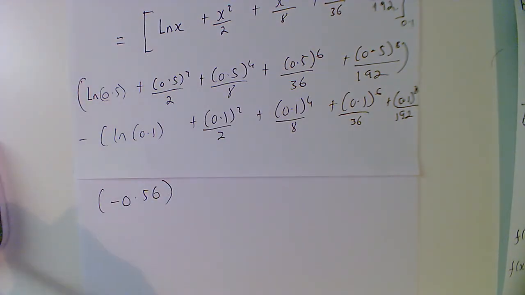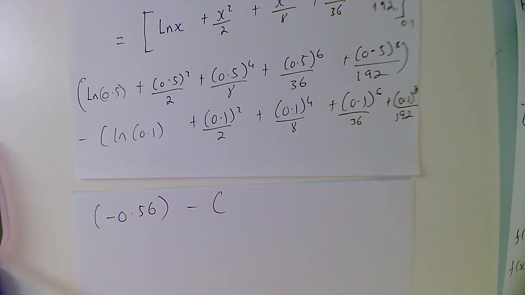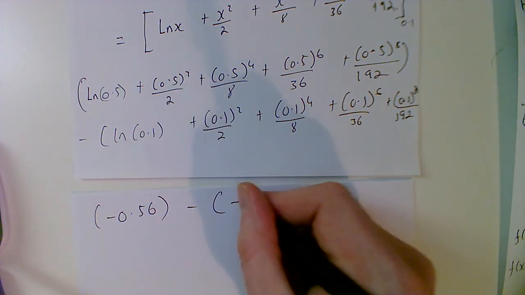Right. Then I'm just going to do the same thing, but type in 0.1. And that gives me negative 2.30.